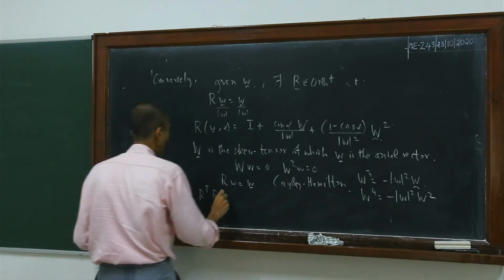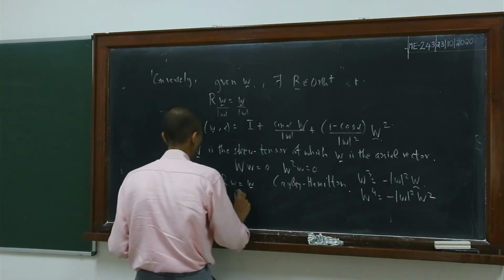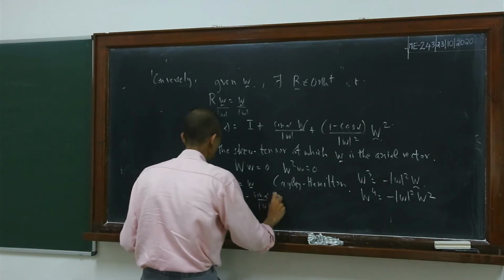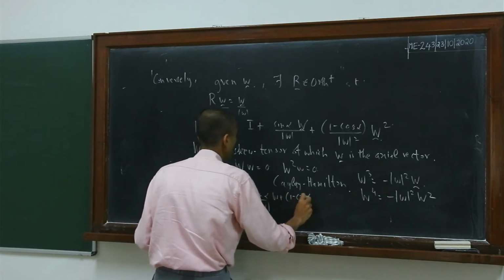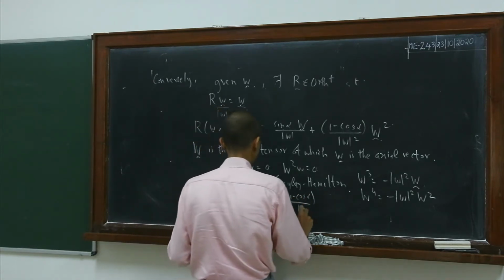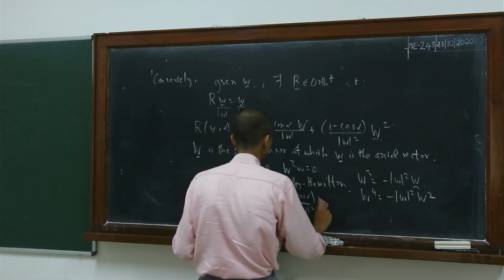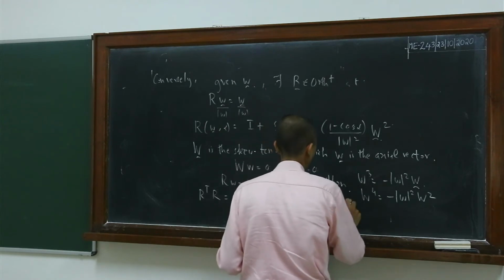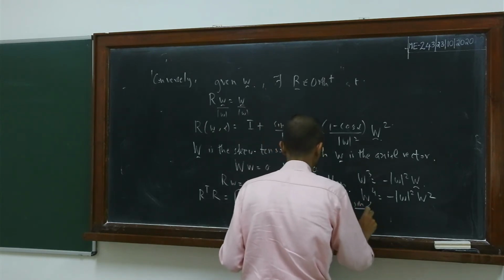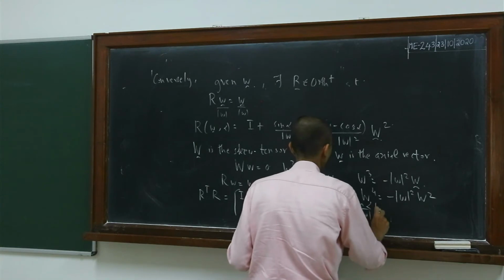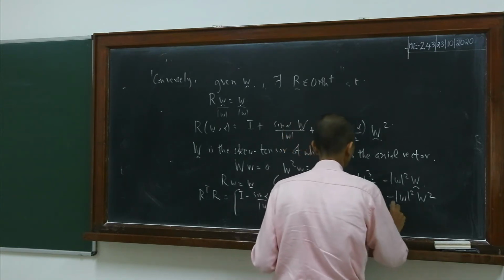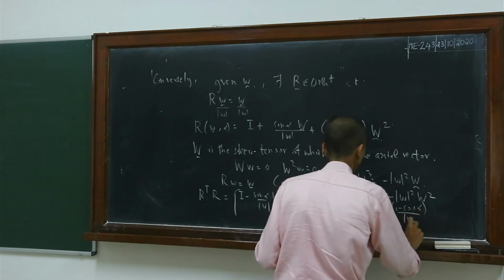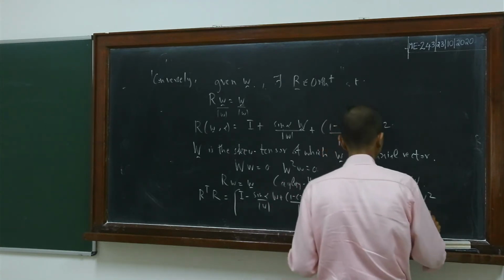This will be equal to I minus sine alpha by W times W plus 1 minus cos alpha by W square times W square, times I plus sine alpha divided by W times W plus 1 minus cos alpha divided by W square times W square.